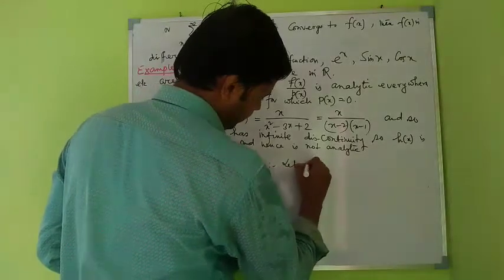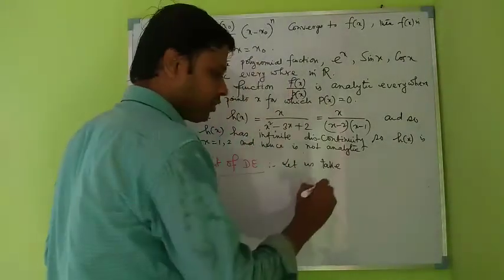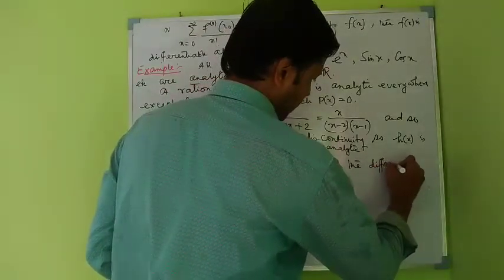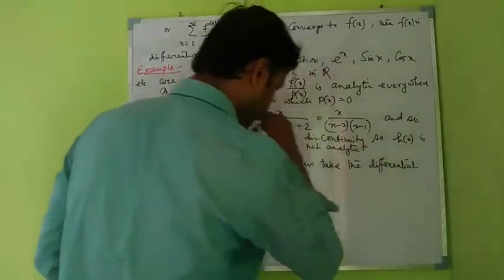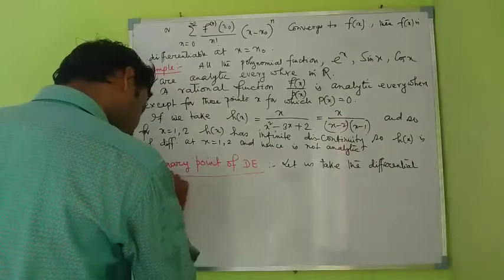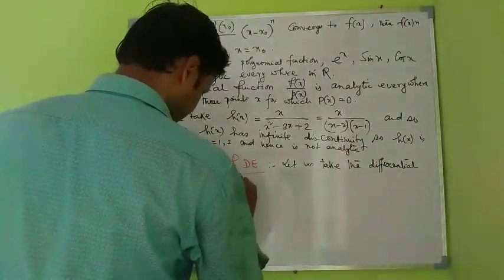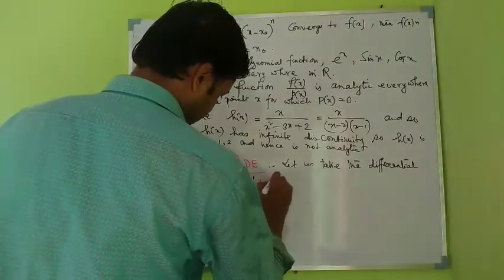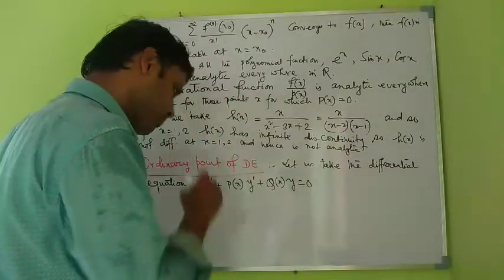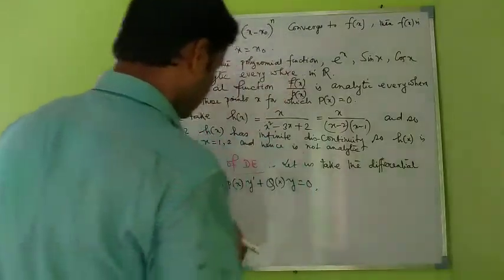So let us take the differential equation y double dash plus p(x) into y dash plus q(x) into y is equal to 0, a second order differential equation.